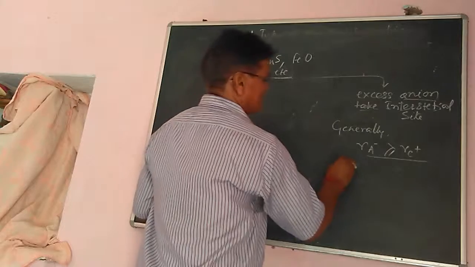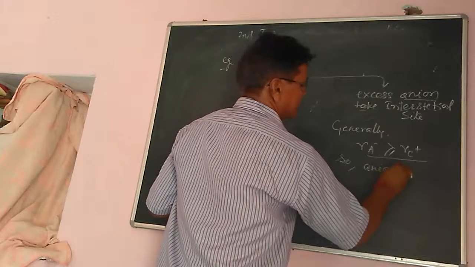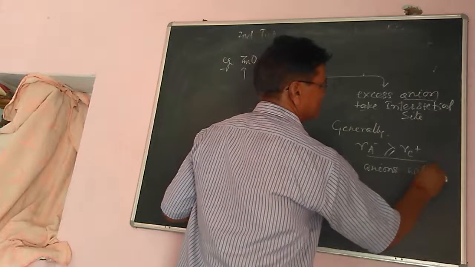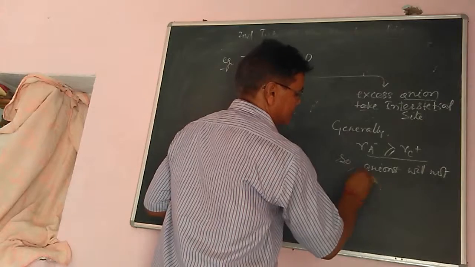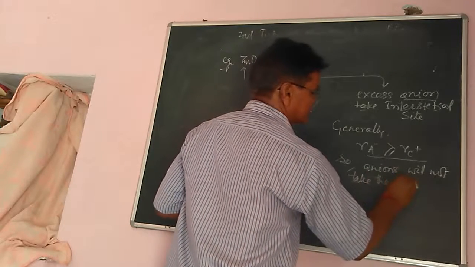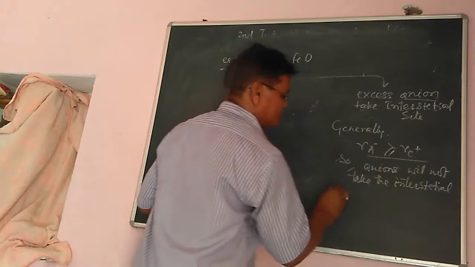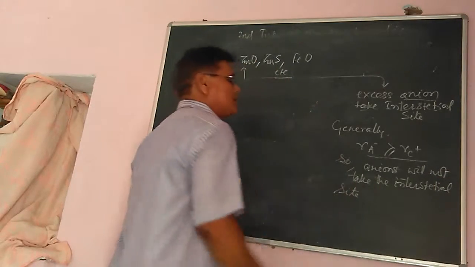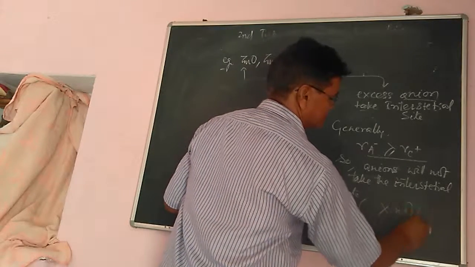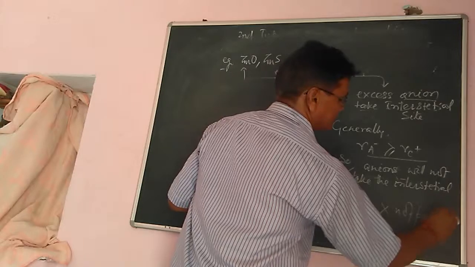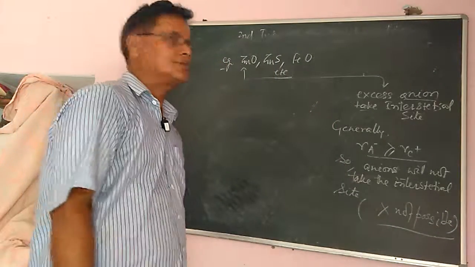So the excess anions will not take the interstitial site. It is not possible. So this type of defect does not occur.